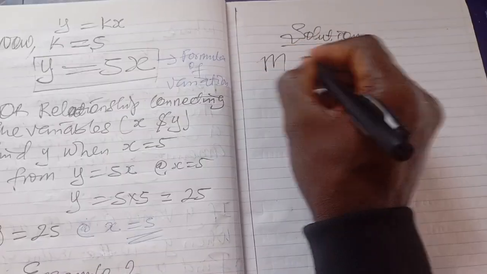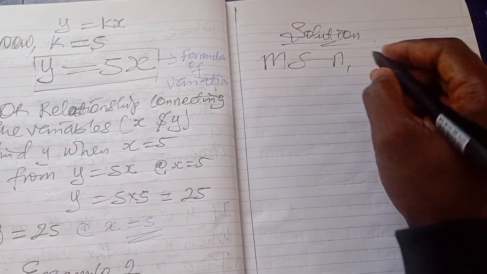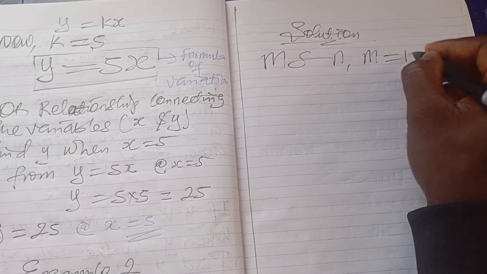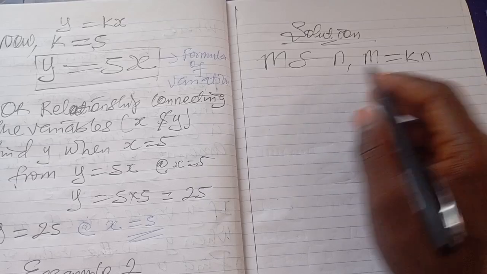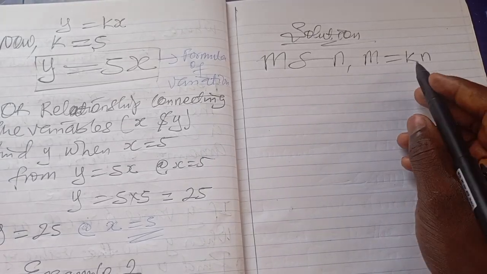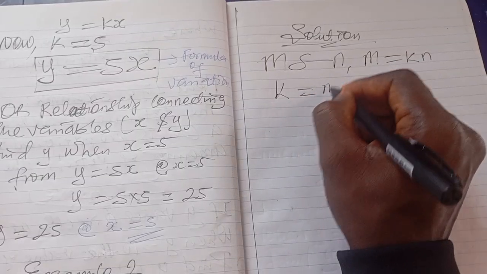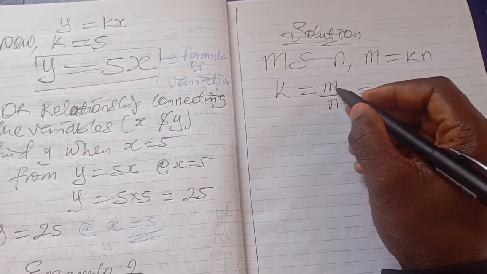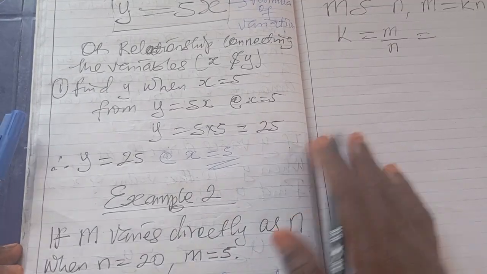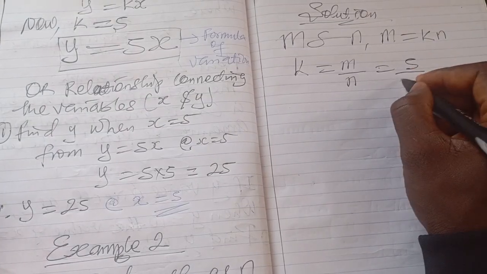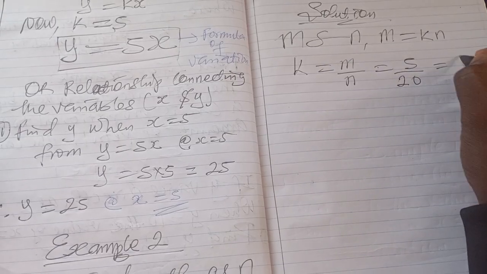We have m varies directly as n. Remove this symbol and have m is equal to kn, where k is the proportionality constant. Now substitute the values of both m and n. So first, k is equal to m divided by n. We have m as 5 and n as 20, which is 1 over 4.